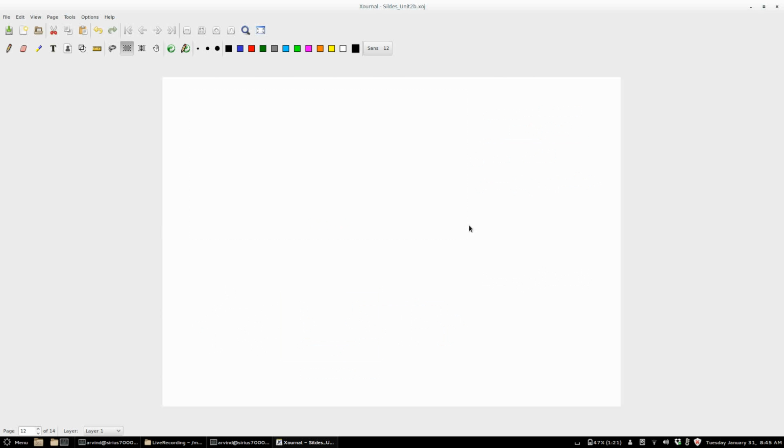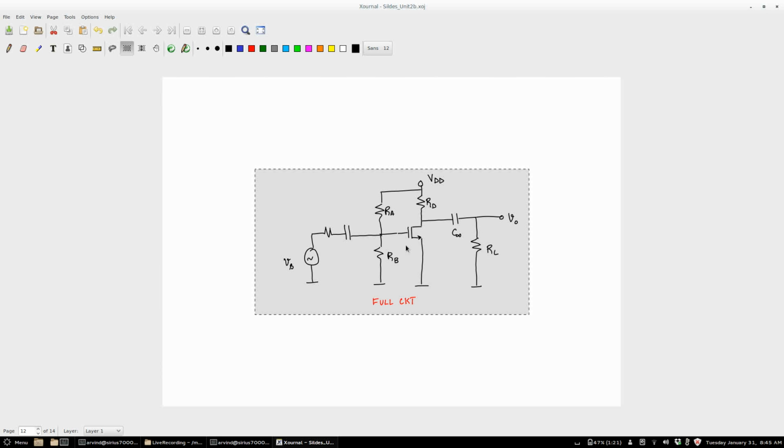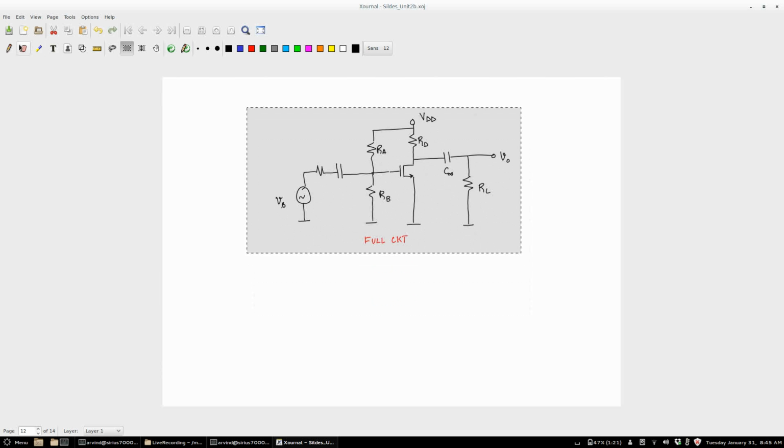And how does the bias circuit for this look? So this is the full circuit, right? This is incremental. And how does the bias look?